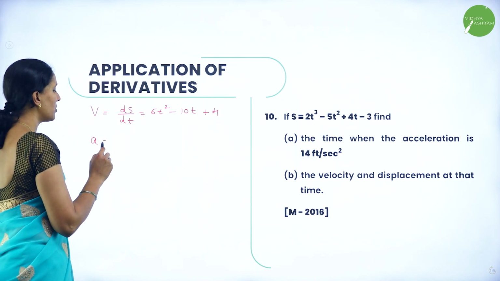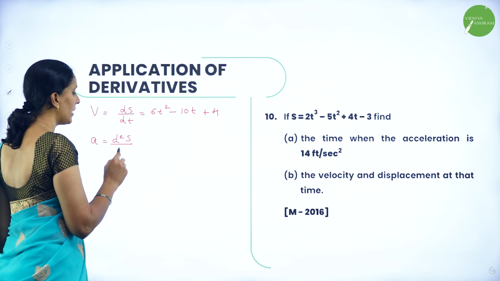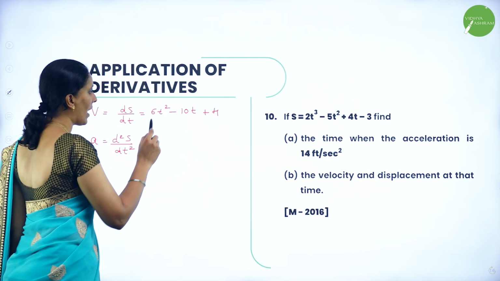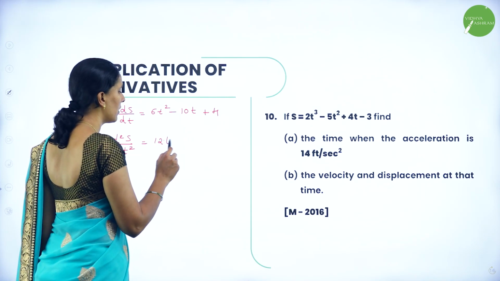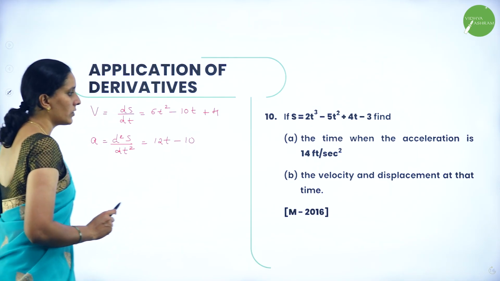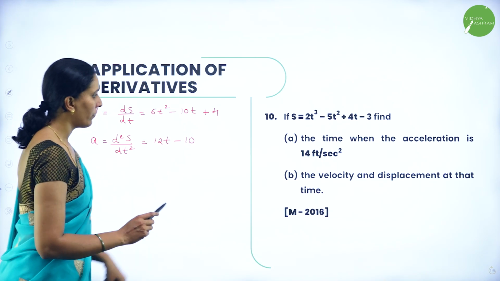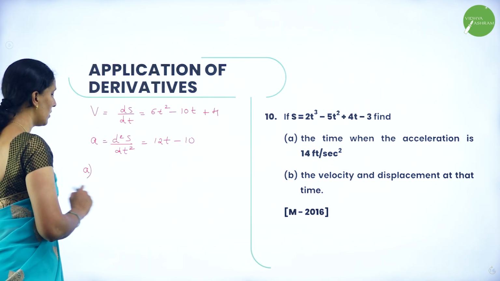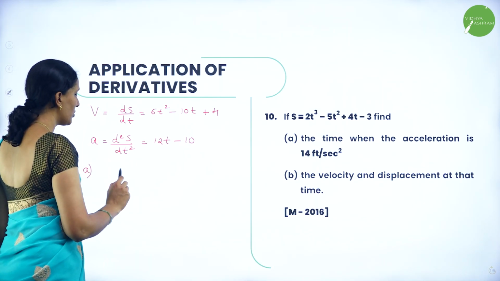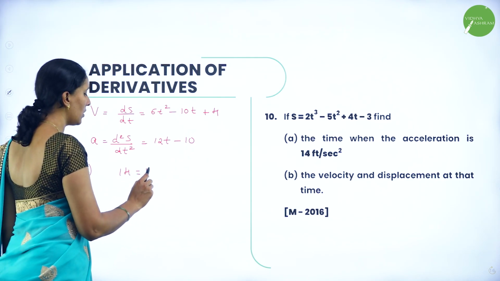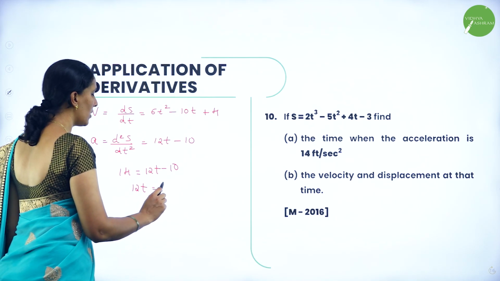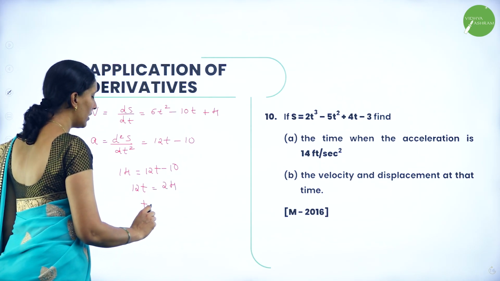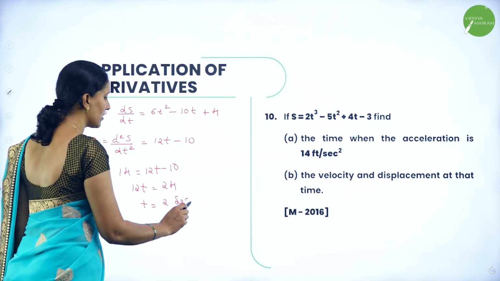And acceleration is d square s by dt square, whose value is t square again 2t, 12t minus 10. So now we need to find out time when acceleration is 14. So using this equation, we can write this as 14 is equal to 12t minus 10, or 12t is equal to 24, or t is equal to 2 seconds.